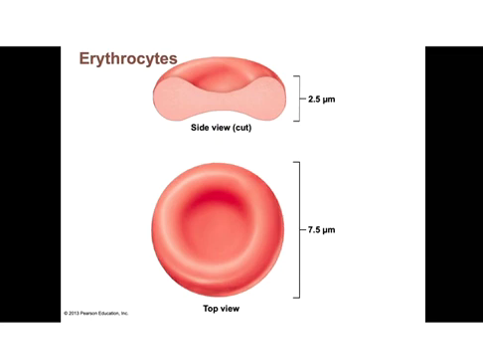Okay, so the diameters of these red blood cells are such that they're almost the width of a single capillary, which is why when red blood cells go through a capillary bed, they acquire a lot of damage. And so after about 120 days, that damage is enough that the red blood cell has to be destroyed and recycled.